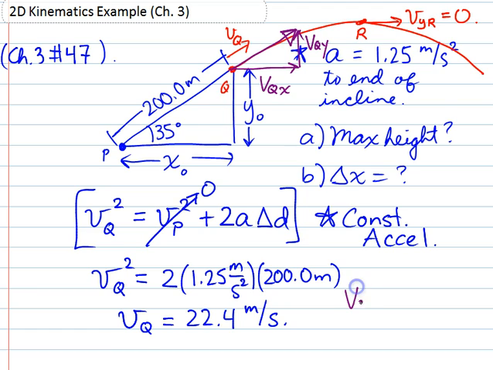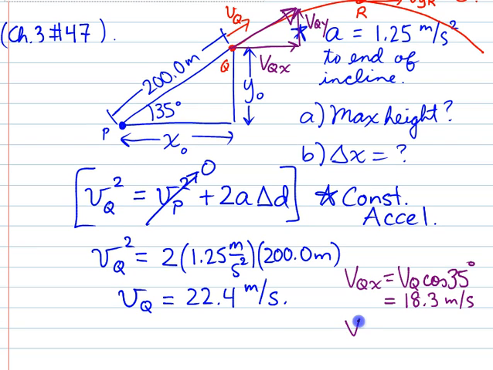VQX is going to be VQ cosine 35 degrees, and that's going to be about 18.3. Similarly, VQY is going to be VQ sine of 35 degrees, and that's going to be about 12.9 meters per second.